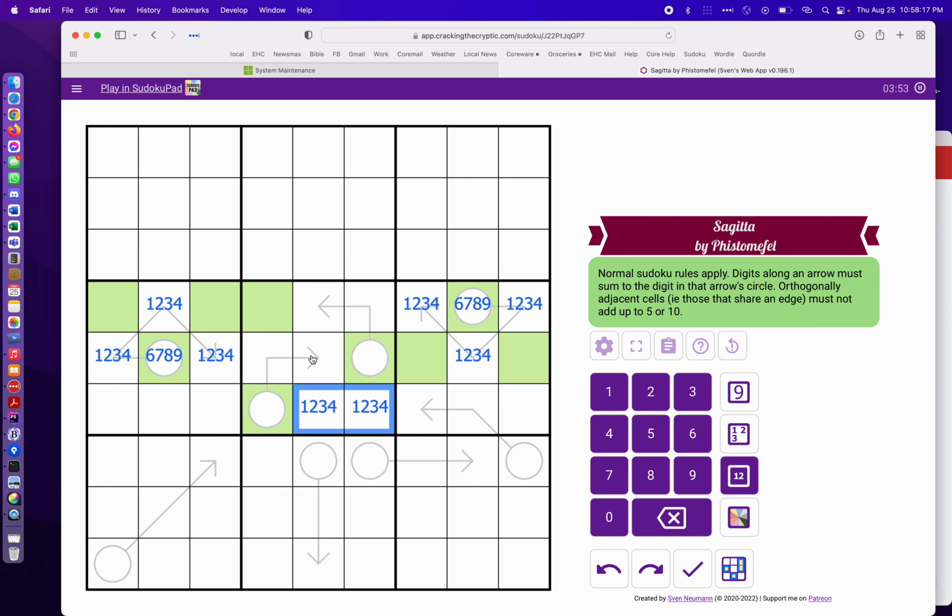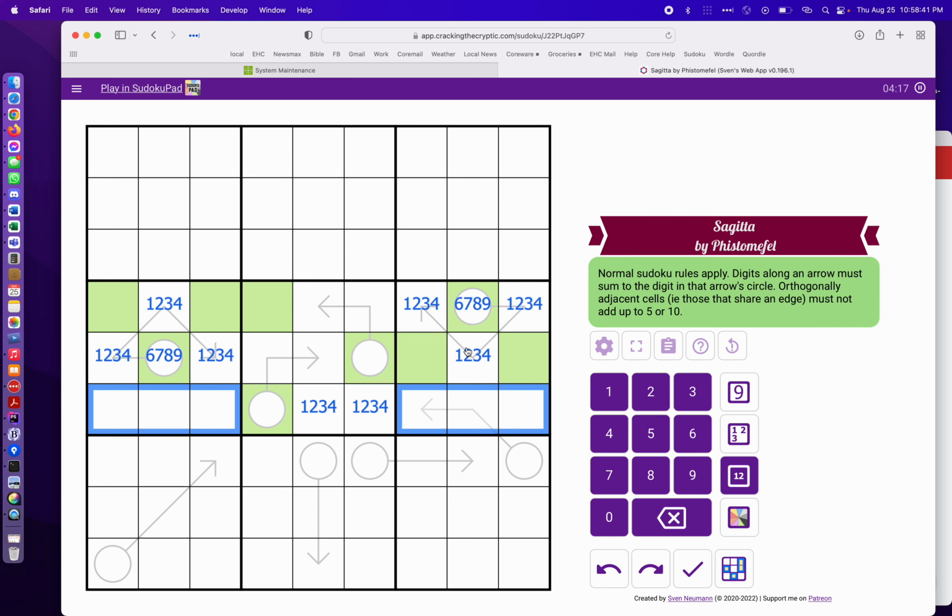Now, where these 2 low digits show up in here, obviously they have to be one of these. They have to be up in there because they can't be down here because they're already in that row.